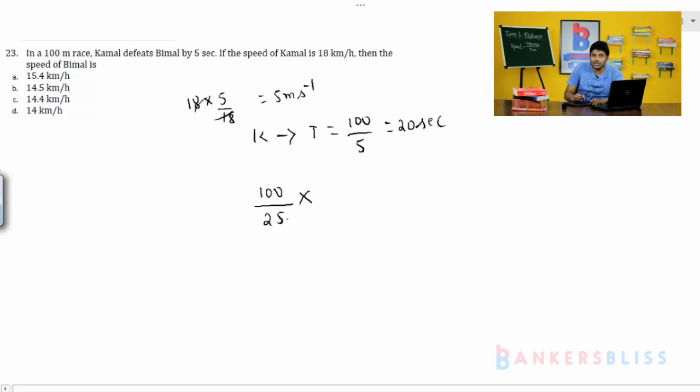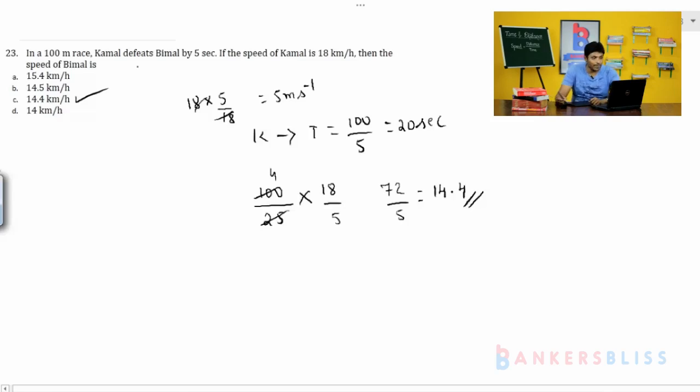It is in meter per second, you have to convert into kilometer per hour, so into 18 by 5. So 25 4s are 100, 18 into 4, 72 by 5. That gives 14.4.